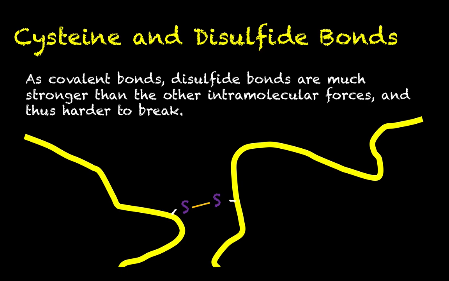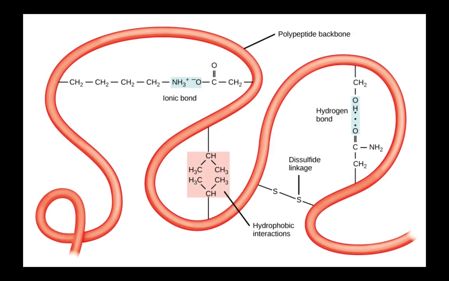Since these are covalent bonds, these disulfide bonds are much stronger than, say, hydrogen bonds or ionic bonds, and thus they are going to be harder to break, and they will contribute more to the stability of the folded structure of a given protein. And here in this illustration, you can actually see all of the different types of intramolecular attractions that contribute to a protein's tertiary structure.